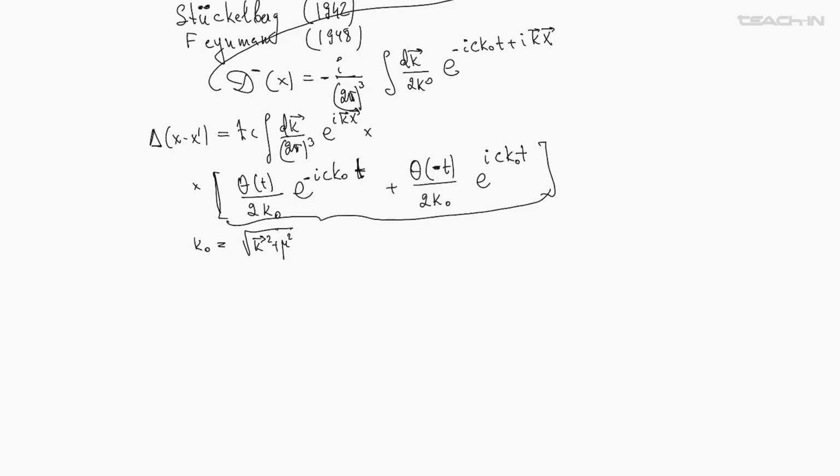So this means that again, I introduce an auxiliary integral, but it will be different from what I have done, say, for the retarded Green's function, exponential c k0 t, divided by k squared minus mu squared. So this k is four-dimensional k squared, so it's k0 squared minus k squared.